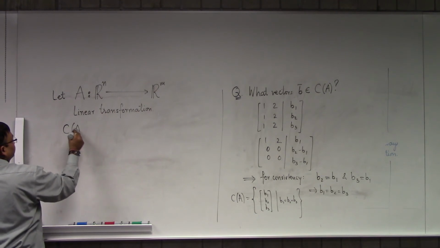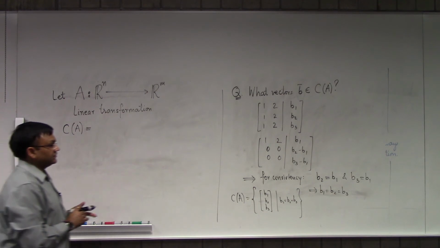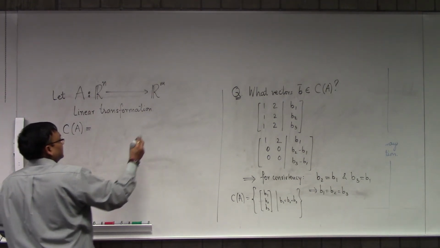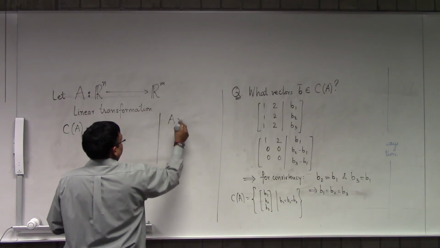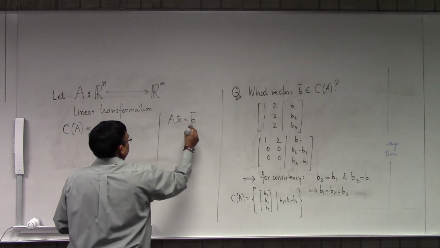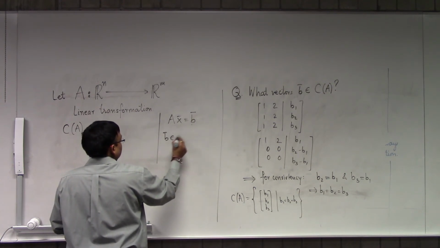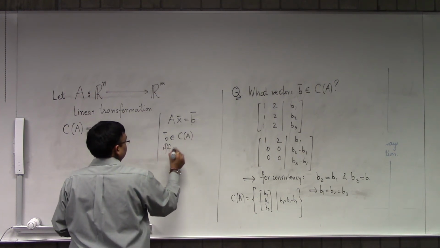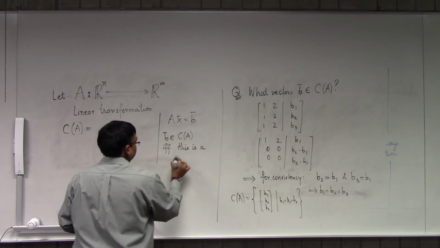Column space of A, if you recall the way we described it, was all those right-hand sides for which this matrix equation had a solution. So let me recall, we said Ax is equal to b. So b belongs to the column space of A if and only if this is a consistent system.